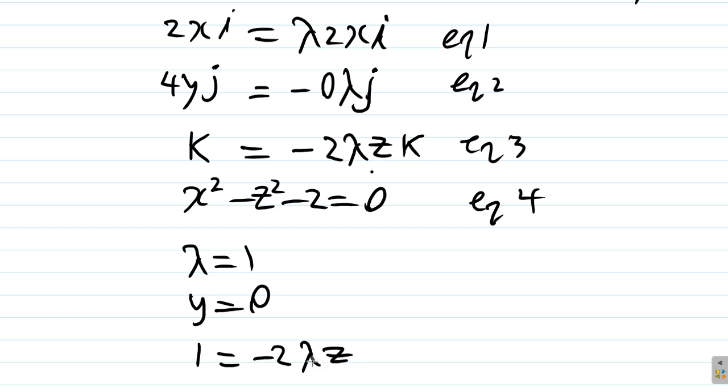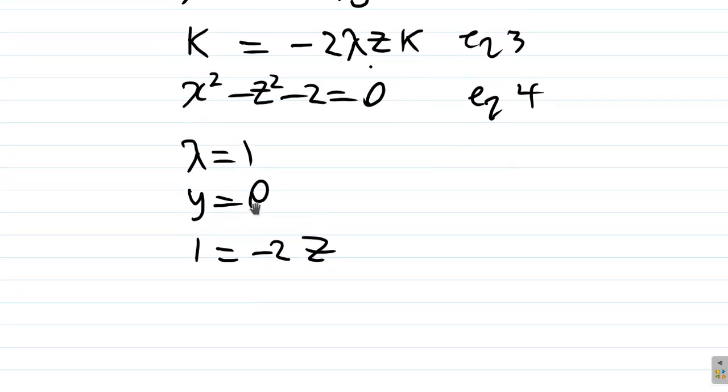So we can say negative 2z, because lambda is 1. If we divide both sides by 2, negative half would be z. So z is negative a half.